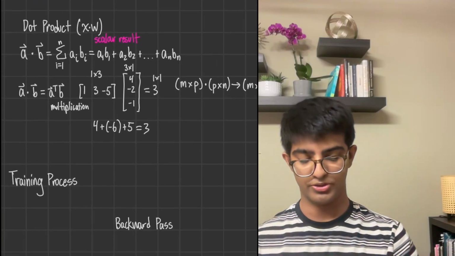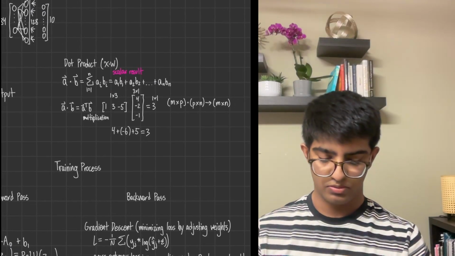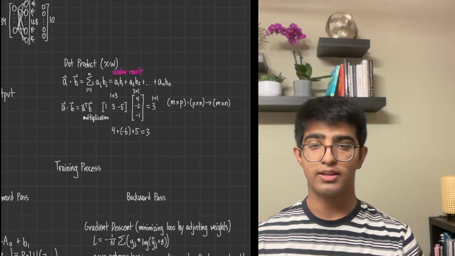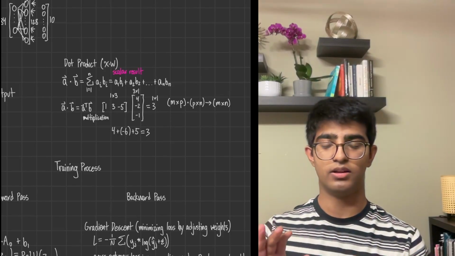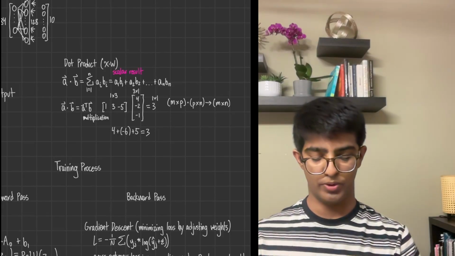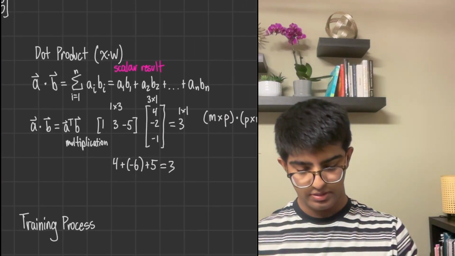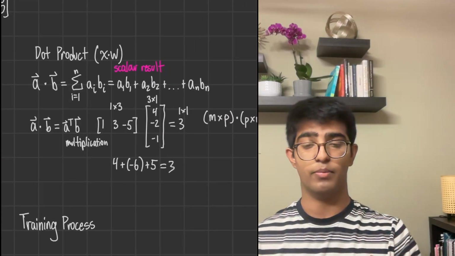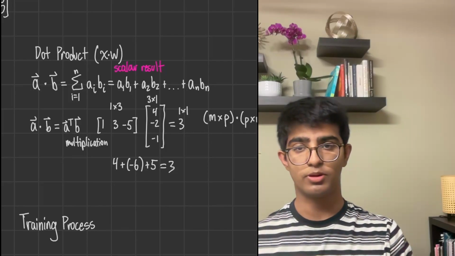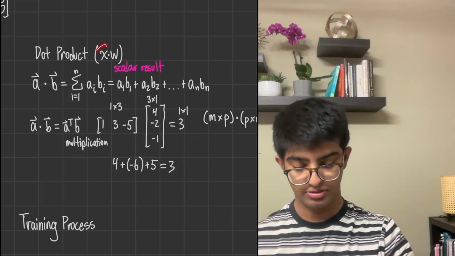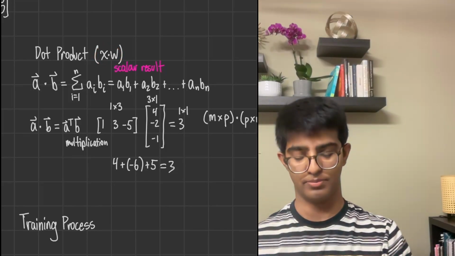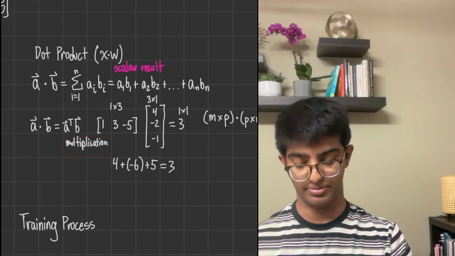So next, let's talk about the dot product. The dot product is basically how we multiply our weights with our inputs. This is different from matrix multiplication in linear algebra. The dot product, even though it looks like a multiplication, is a totally different concept from vector or matrix multiplication.